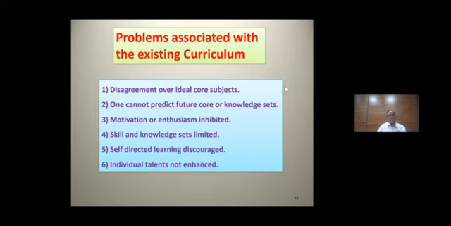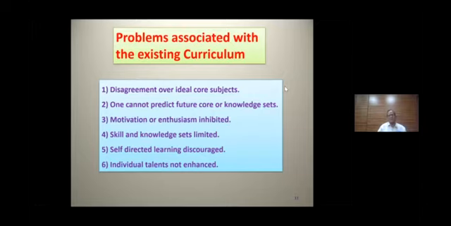What is required for the students in the future, we do not know. Therefore, there is no point in fixing the core subjects and then teaching something. See, if you say that you are teaching a particular book, the book might have been written a few years back, but the technology might have been developed even 7 or 8 years back. Therefore, by the time the book is published, some technology becomes obsolete.